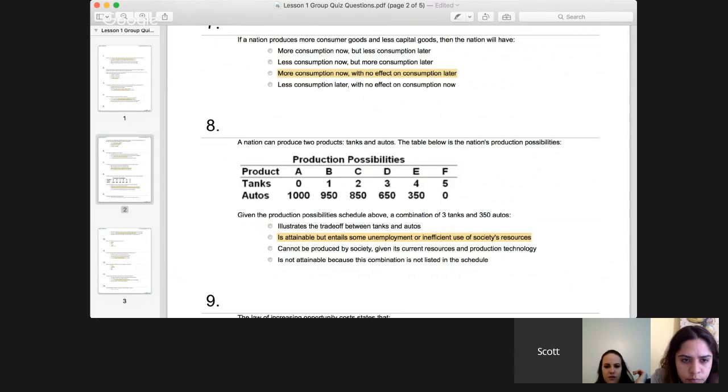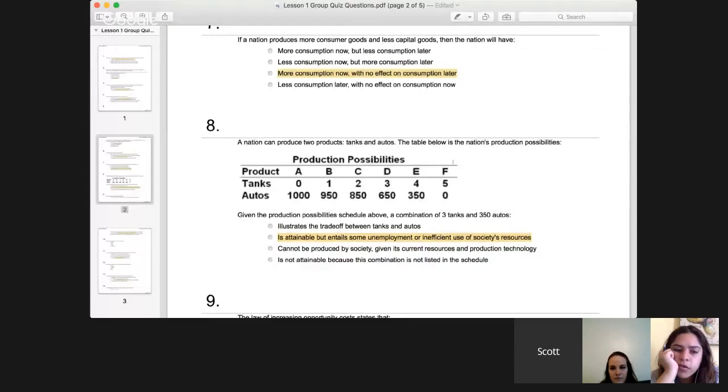So I think because that would be inside the curve, if tanks were on the x-axis and autos on the top, the usual number would be like 3 and then 65, but it would lower it, and so it would be inside the curve. So it makes it attainable but inefficient, so I think B is the right answer. Okay. I agree there. That makes sense.